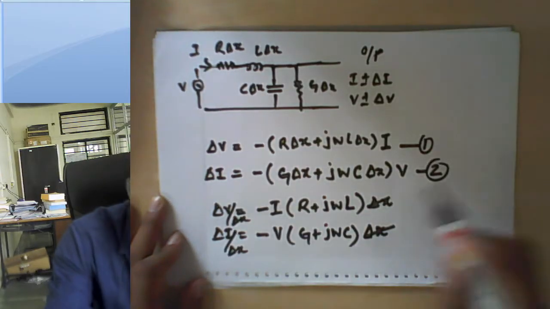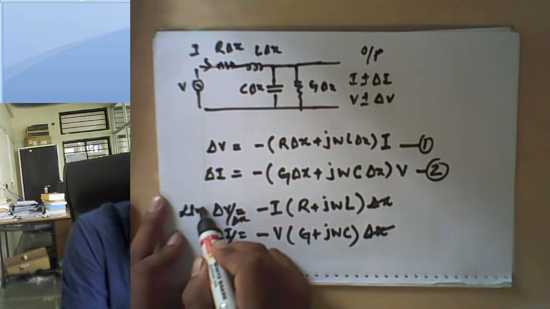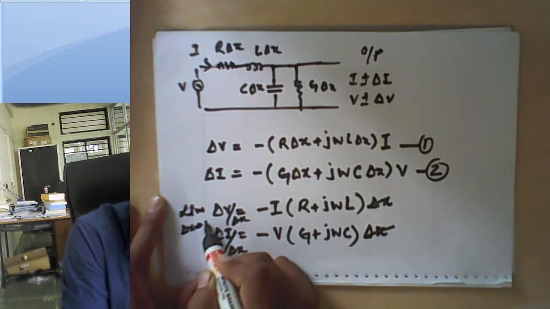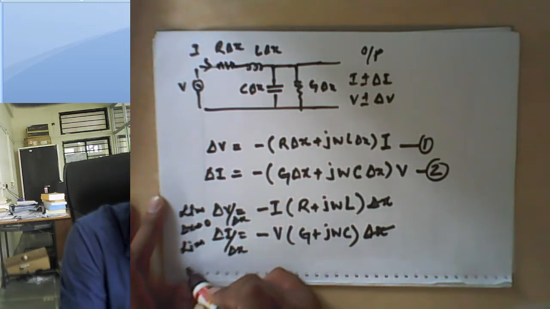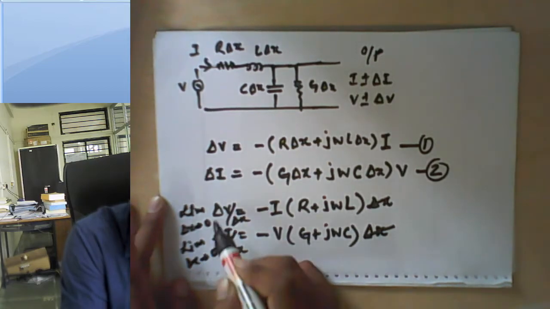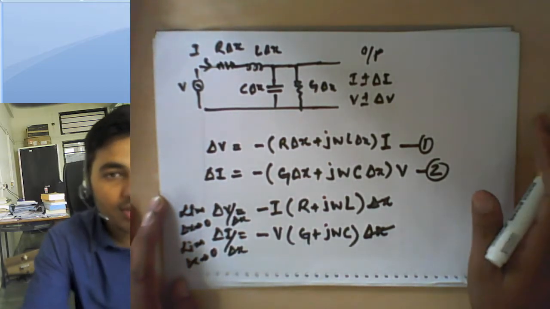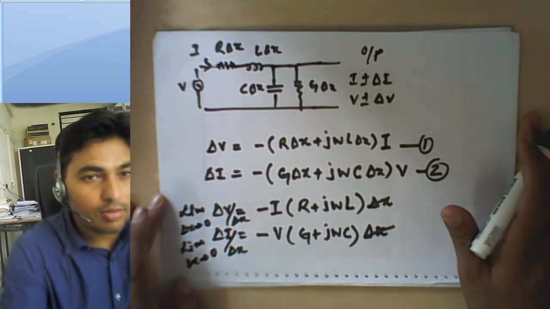So what we'll do is take the limit where delta X tends to 0. These two equations would be satisfied in the entire transmission line.